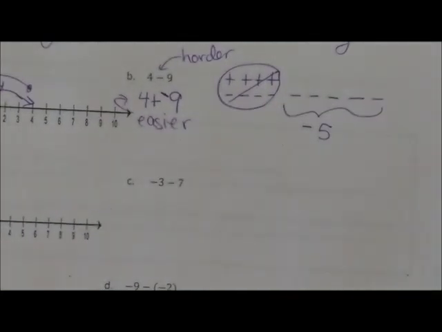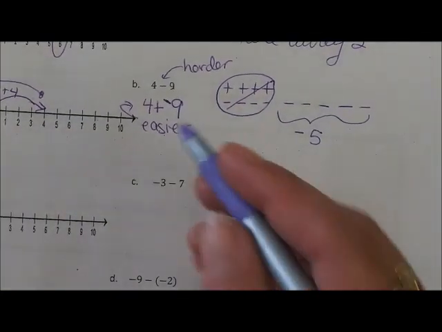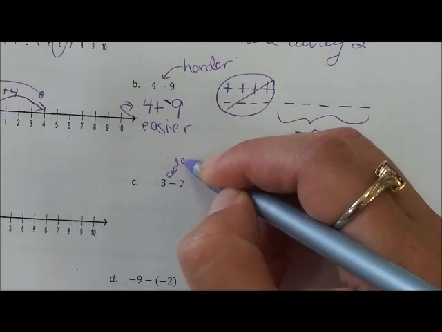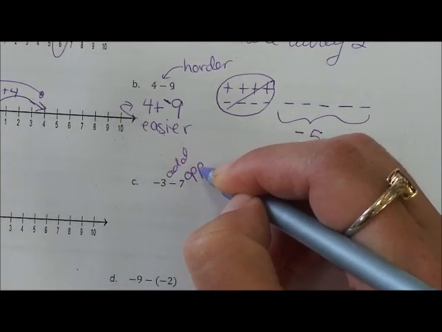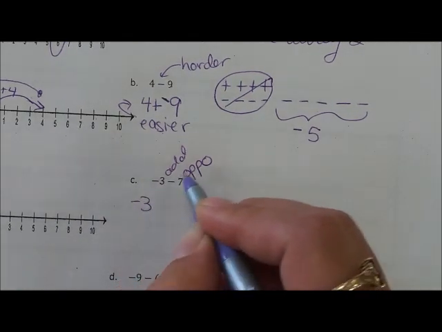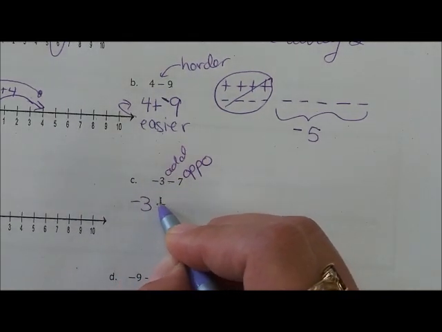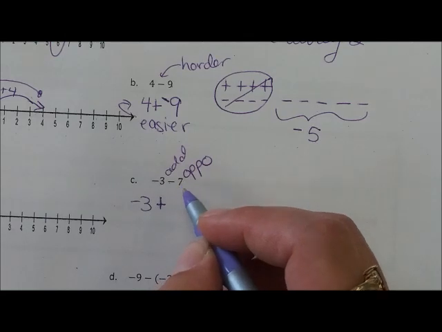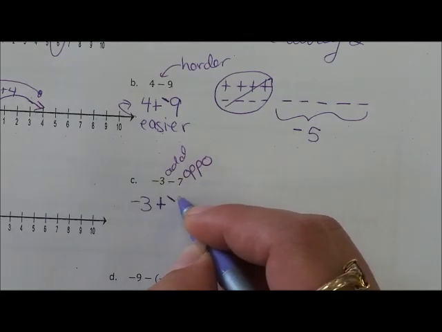When you see subtraction, you're going to write the word add over the subtraction sign and opposite over the number that comes after it. So this -3 is in front. It doesn't change. You copy the -3. Subtraction's adding, and the opposite of a regular 7 is a -7.